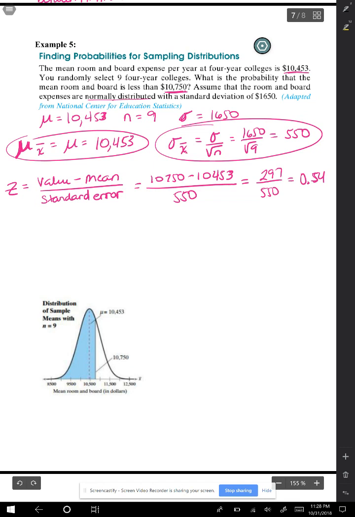So what they're asking me is I want to know the probability that the mean room and board is less than 10,750. So the probability that the mean is less than 10,750 will be equal to the probability that the z-score is less than 0.54. And again, you can do these by going to the table, and we look at the table and find the probability for a z-score of less than 0.54, and that would be 0.7054.